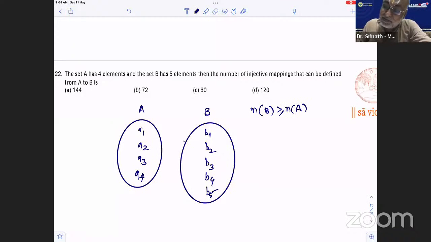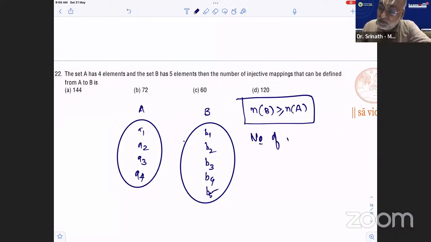If the number of elements in set B is at least the number of elements in set A, then the number of injective maps, or 1-1 functions, will be equal to n of B P n of A. What does P mean? Permutation.